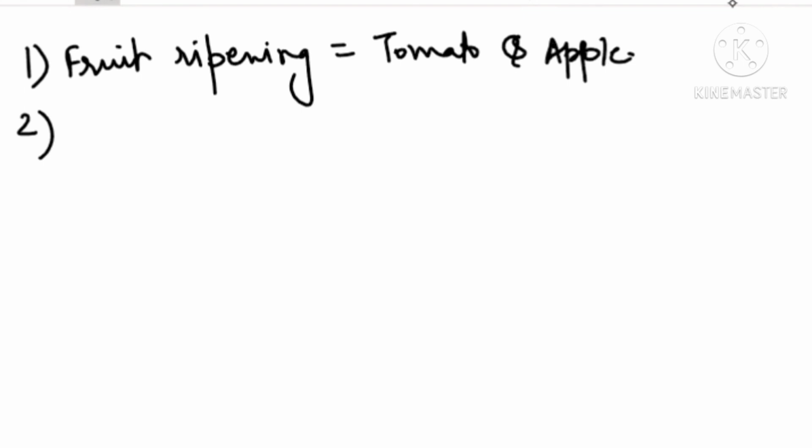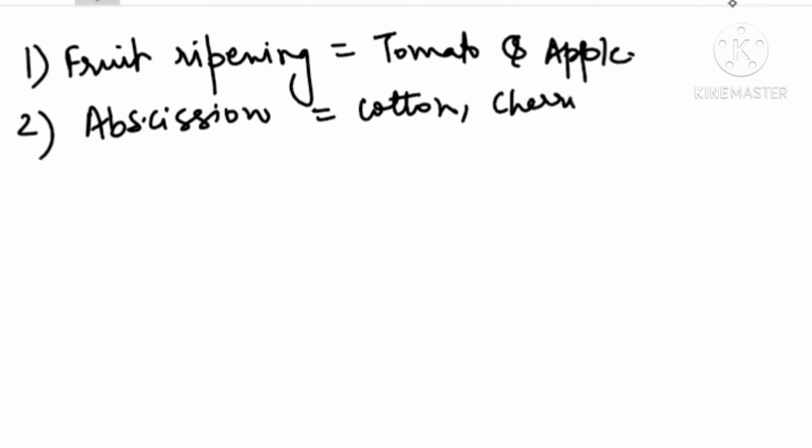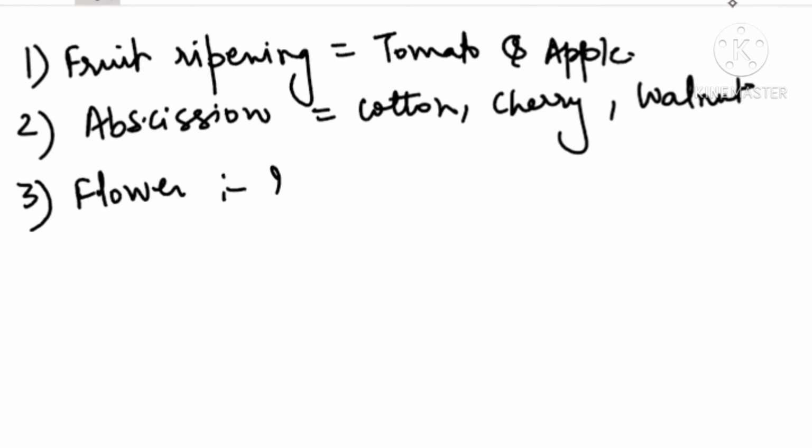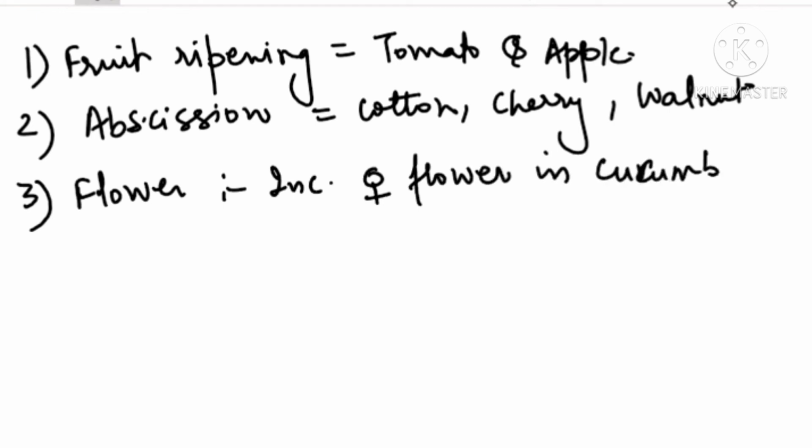Then we are using it for abscission of a few fruits like cotton, cherry, and walnut. And for flowering, to increase female flowers in cucumber. So we are using ethylene in these areas.